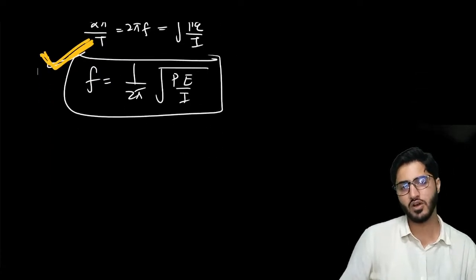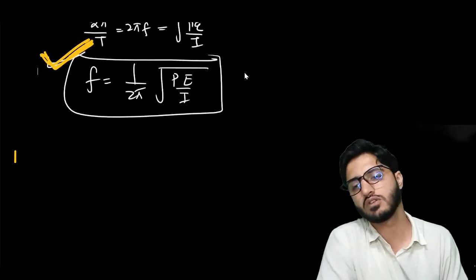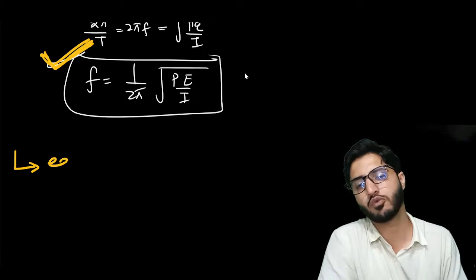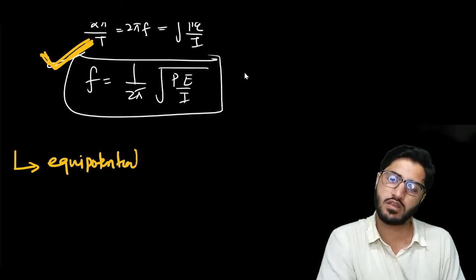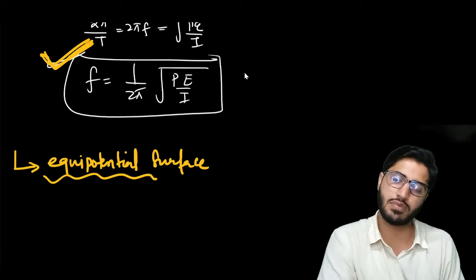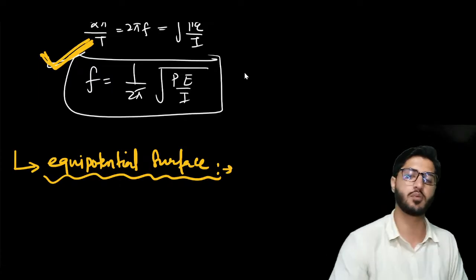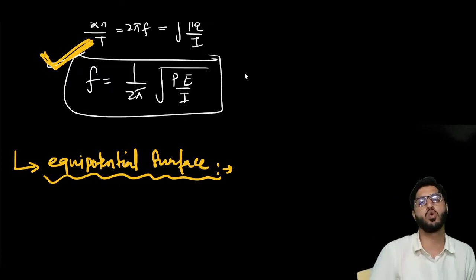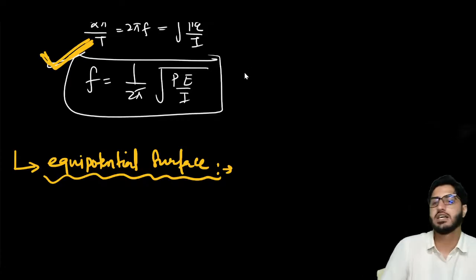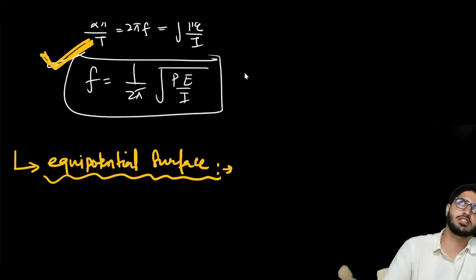Okay. Only one topic is now not covered, that is equipotential surface. We completed the whole chapter without one topic, equipotential surface. So tomorrow most probably we will end the whole chapter, electrostatics, in which we have discussed electric charge, electric field, electric potential.